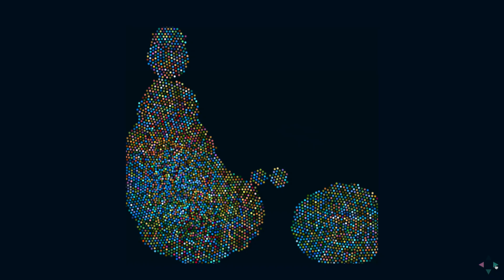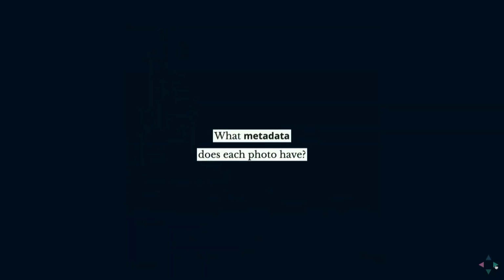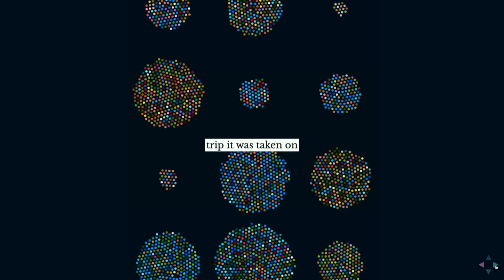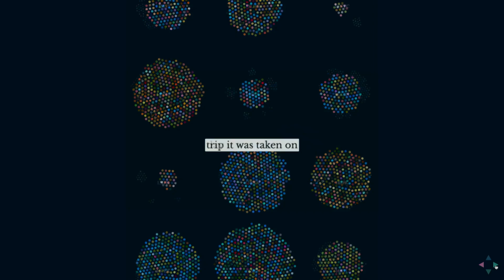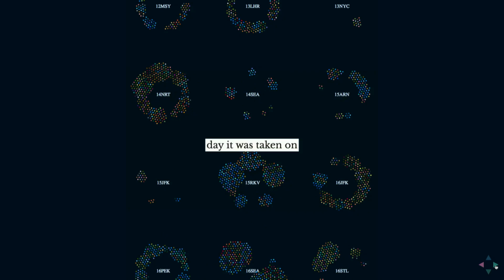So I took a step back, and I really asked myself, what metadata do I have? What metadata does each photo, each of my data points, have? And I realized that I have the trip that that photo was taken on. So I decided to group all of those colors by that trip. I have the information of the day and time that that photo was taken on, and so I decided to map that to the angle so that it would go around the circle.